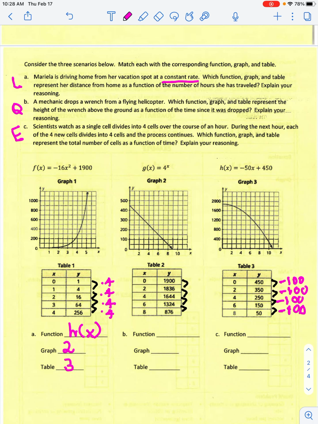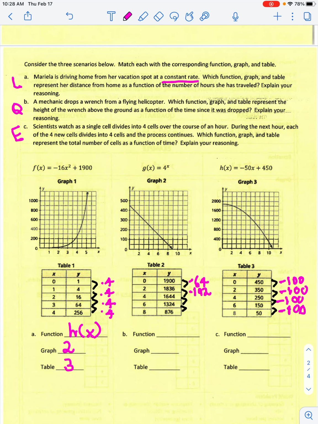I didn't find the differences for the other table, but let me find them. The 1836 minus the 1900, I believe, is negative 64. Oops, I need to write a little smaller. So that's negative 64. Then the next one, 1644 minus 1836 is negative 192.